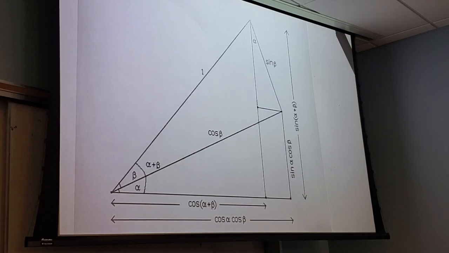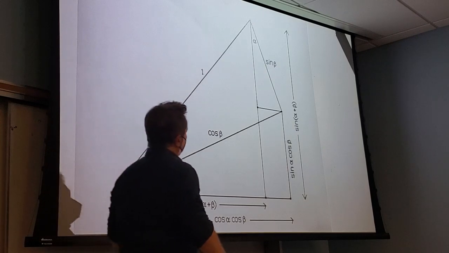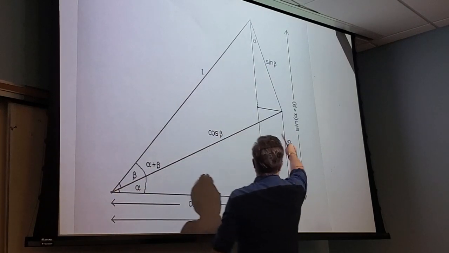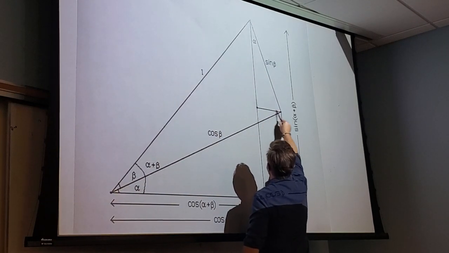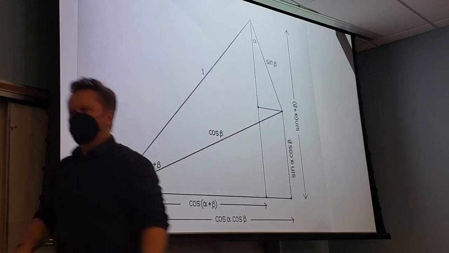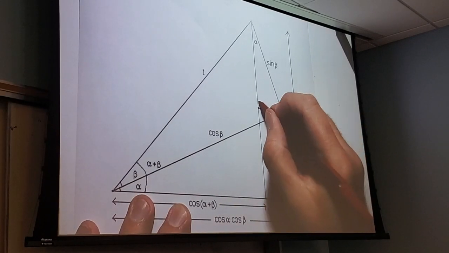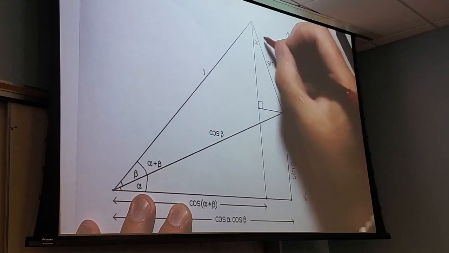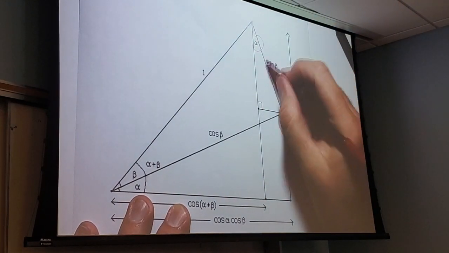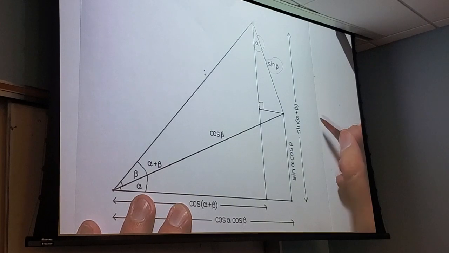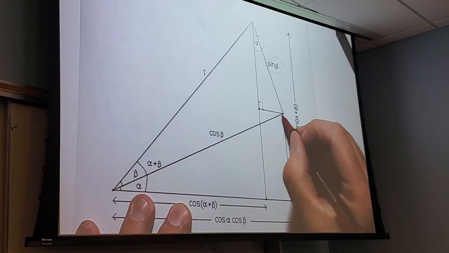Okay. So, what else can I do now? Well, let's see. Can't I figure out what this is? Let's see. So here's my right angle. This angle is alpha. I know that the hypotenuse is sine beta. So can I figure out what this is here?